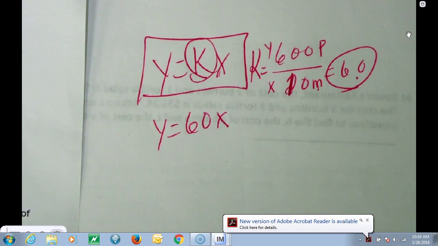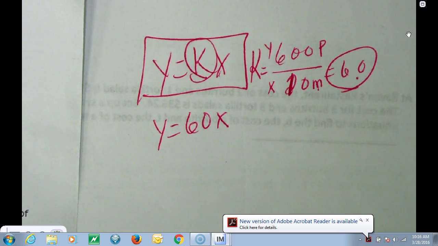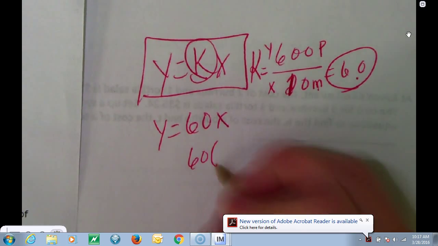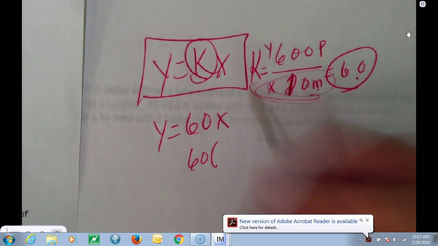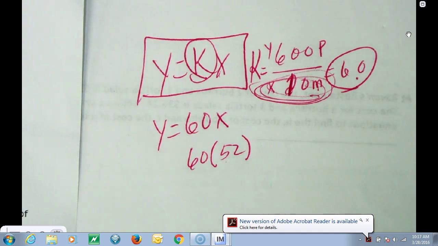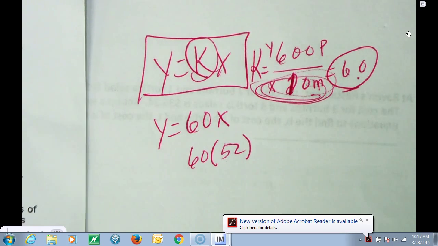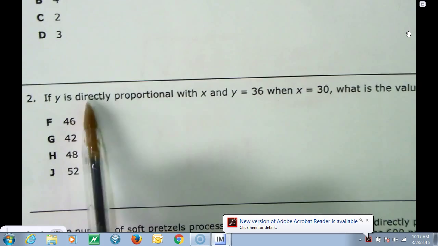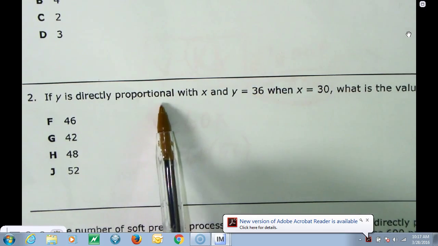Now they want to know how many pretzels they can make in 52 minutes. Where would I put 52? For x or y? x, because 52 is minutes and x is minutes. So what would it be? Awesome. Okay, and look, if it says y varies directly, they are directly proportional.